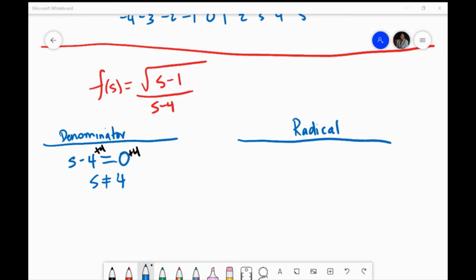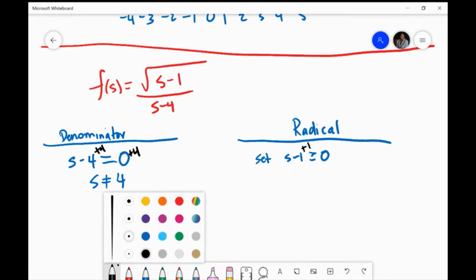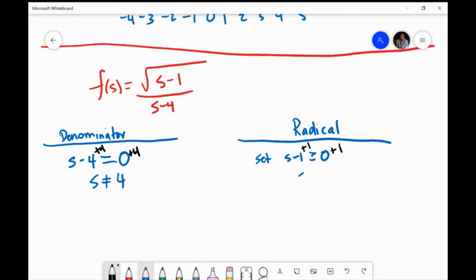Very nice. We're going to set s minus 1 greater than or equal to 0. We're going to add 1 to both sides. So s can be greater than or equal to 1. So we have to somehow combine these two situations as one answer.